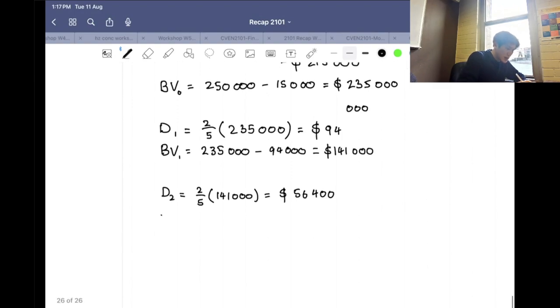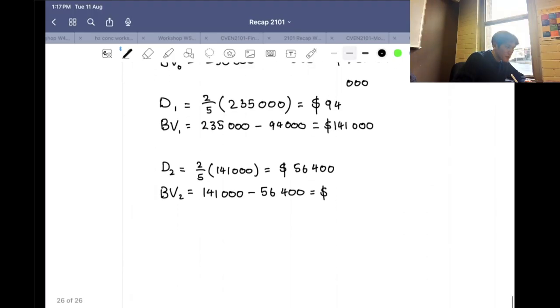And then the book value at the end of year two would be 141,000 minus 56,400, which should give you 84,600.